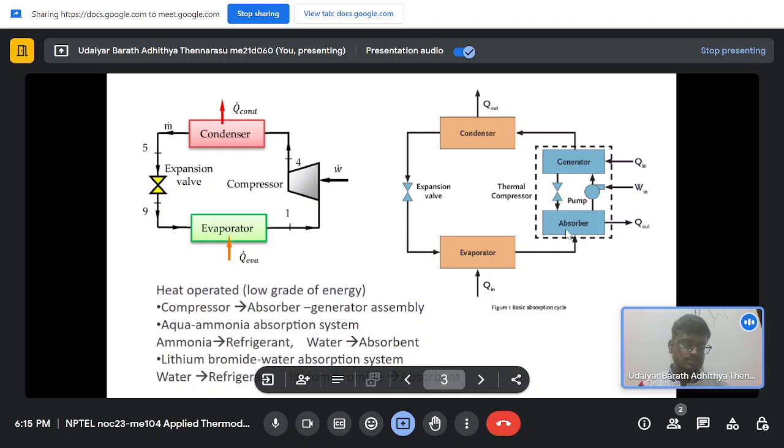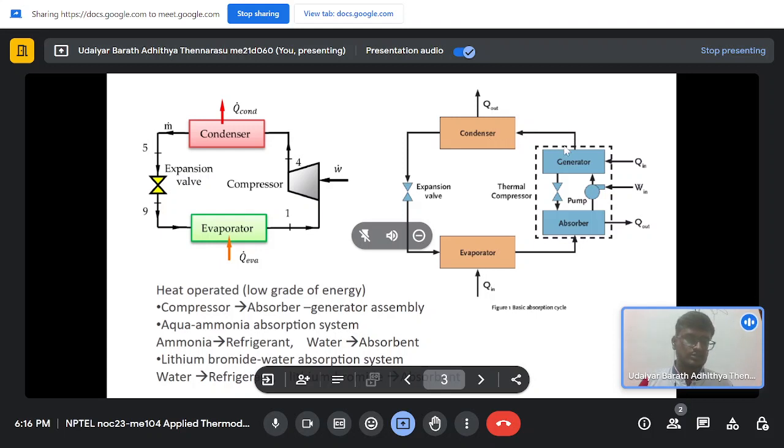This solution is dilute because water was rich and now it's mixed with ammonia. Now this solution is pumped through the pump to the generator. Now you have an excess amount of heat lying with you, which you use to make the refrigerant boil off. So ammonia is separated from water here.